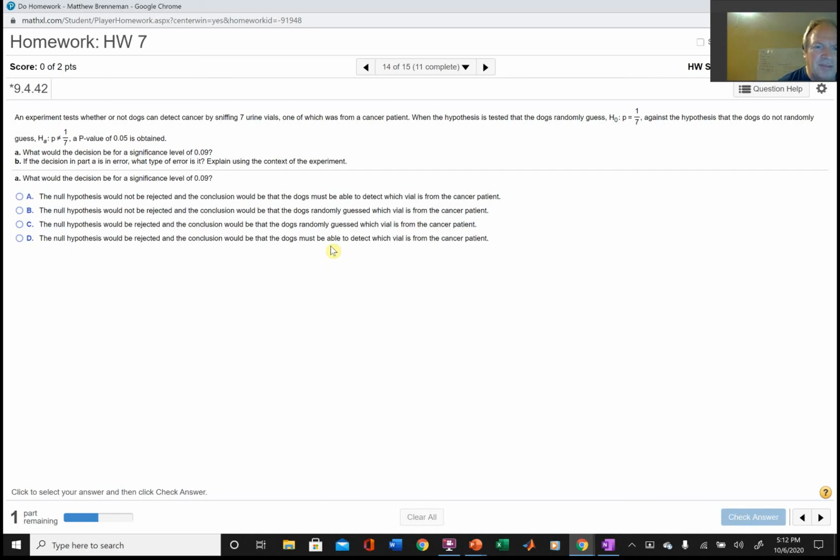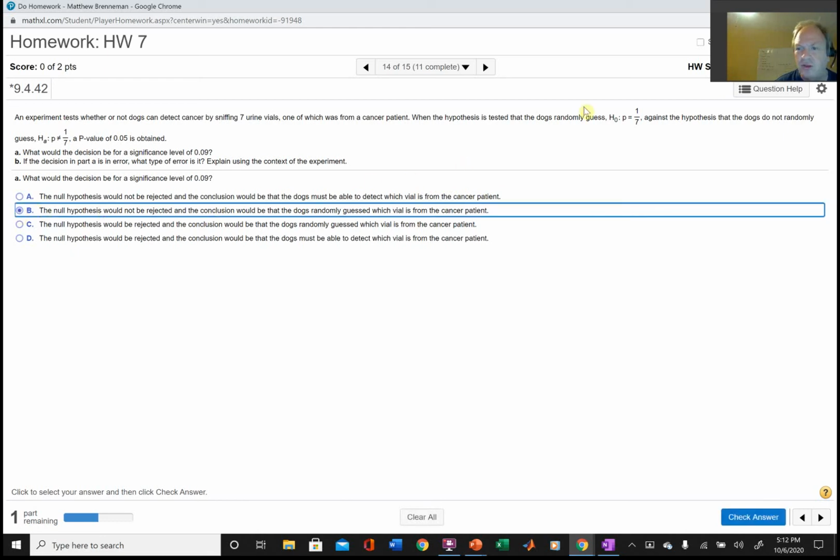Okay, so let's think about this. When alpha is 9%, hold on. Oh, I'm sorry. A p-value of 5% is obtained. If our significance level was 9%, which it shouldn't be, we would fail to reject, right? So the null hypothesis would not be rejected. And our conclusion, therefore, would be that the dog randomly guessed.